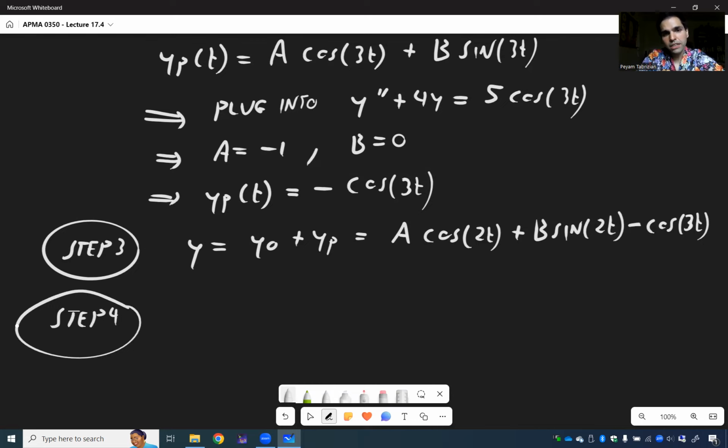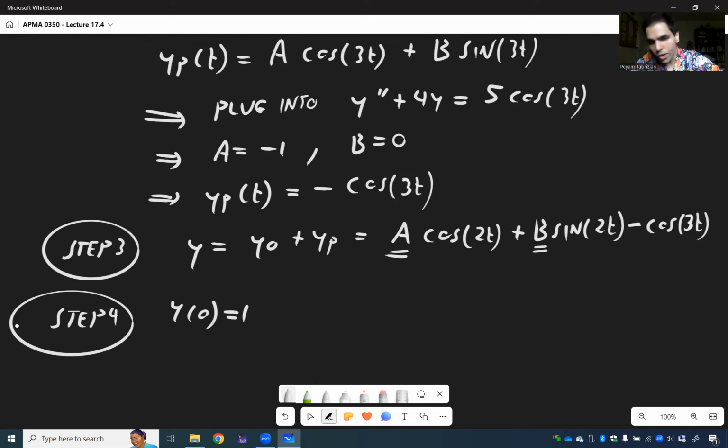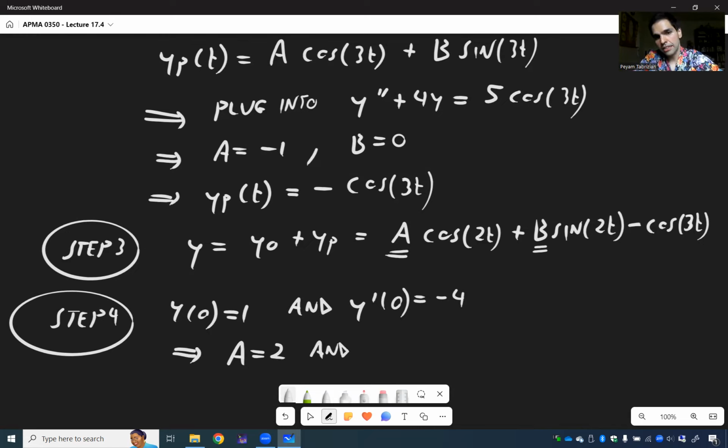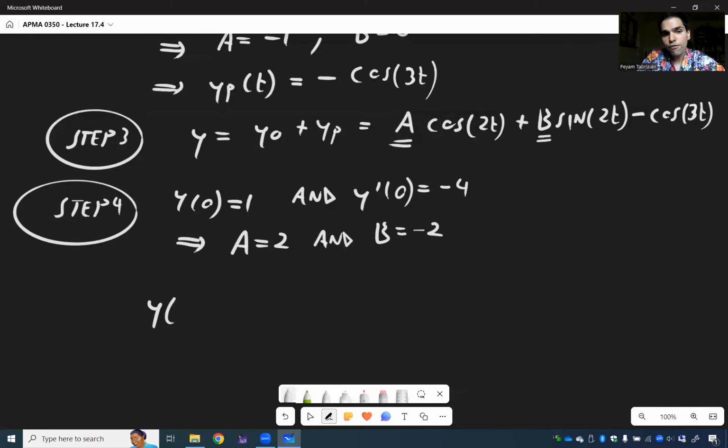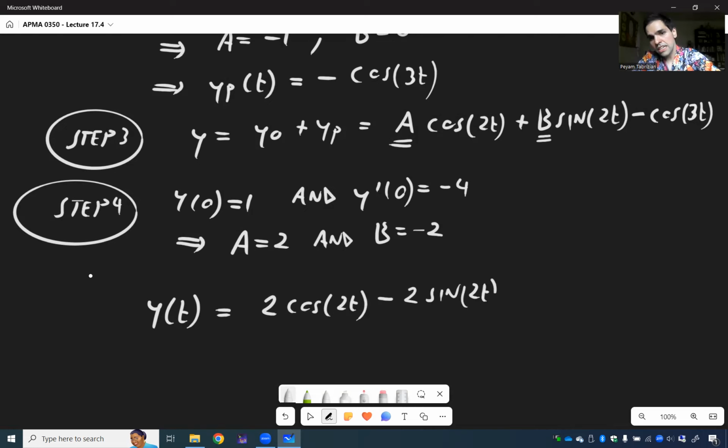And last but not least, to solve for those constants, you use y of 0 equals 1 and y prime of 0 is minus 4, and you eventually get a equals 2 and b equals minus 2, which finally tells you that if you have this forcing term, then your solution is 2 cosine of 2t minus 2 sine of 2t minus cosine of 3t.